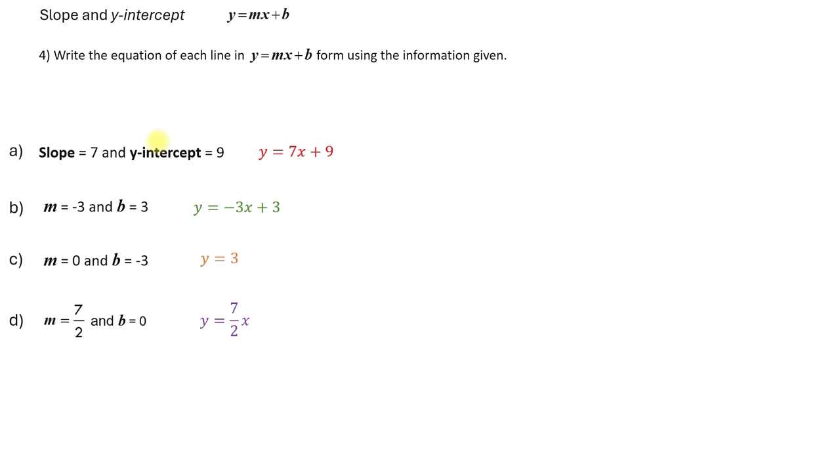So we can simply say y equals 7/2 x plus 0, which would be just the same as 7/2 x. So this is a line that runs right through the origin, or right through the point 0, 0. 0 is where the y-intercept is.